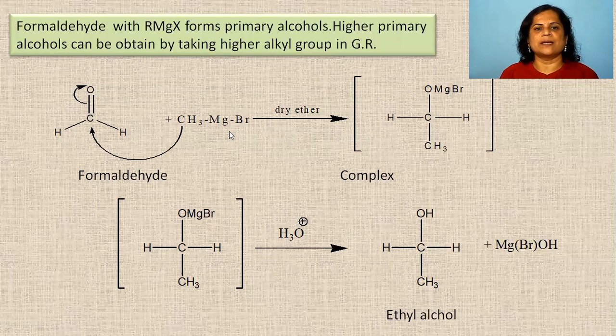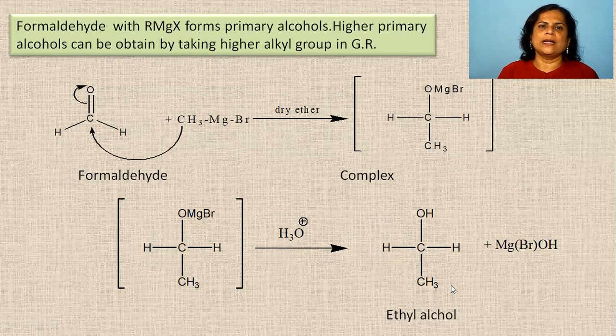Formaldehyde with CH3MgBr: we introduce one more alkyl group into the formaldehyde, and we get the structure CH3CH2OMgBr, a complex compound which further undergoes acid hydrolysis to form ethyl alcohol, which is a primary alcohol.